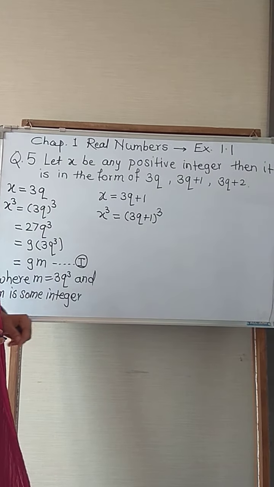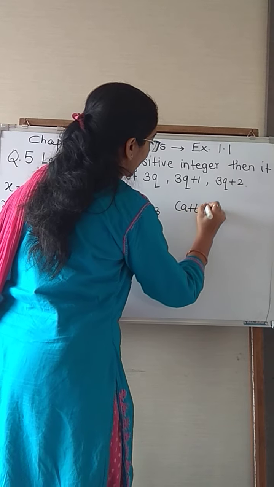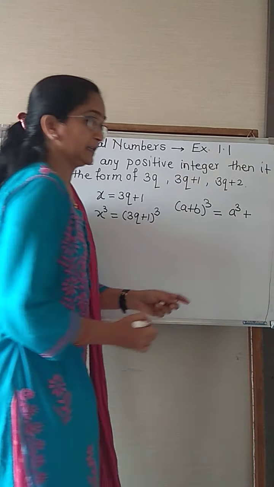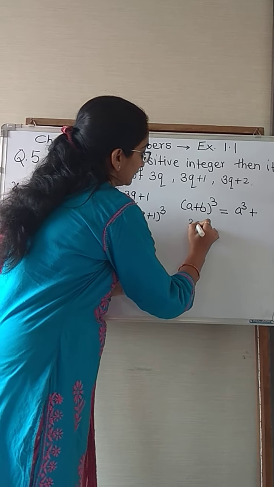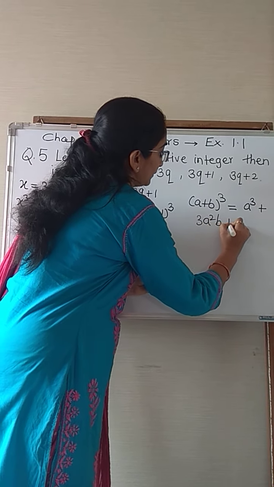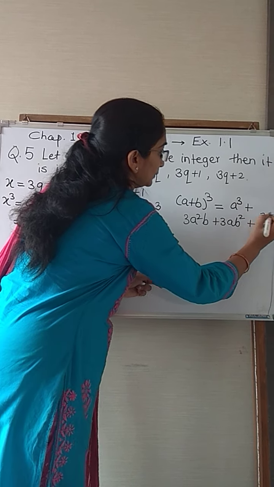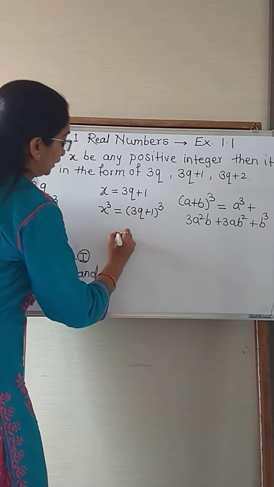Now this we have to expand according to the identity (a plus b) cube is equal to a cube plus 3a square b plus 3ab square plus b cube, the expansion you learned in 9th standard. According to this identity, we have to expand this.